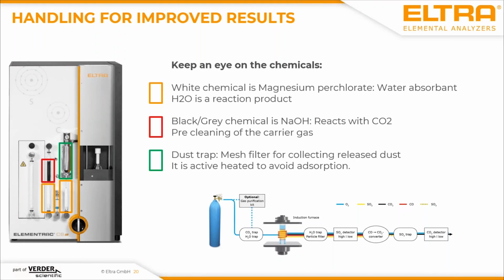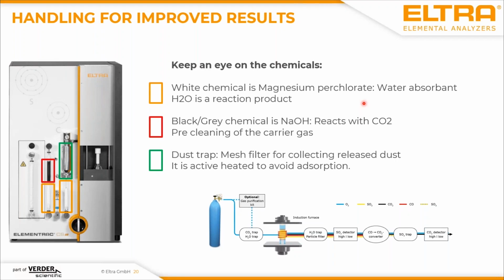We have here in our analyzer two chemicals which are very important. The first one is magnesium perchlorate, which is also called anhydrone. And the word anhydrone already tells you what it does. It absorbs water, because water is a very nasty molecule. It has a broad absorption in the infrared detector, which means that it disturbs all of our measurements. We have to be sure that we get rid of the water before our gases come to the detector.